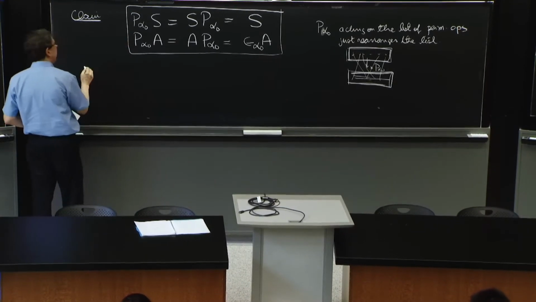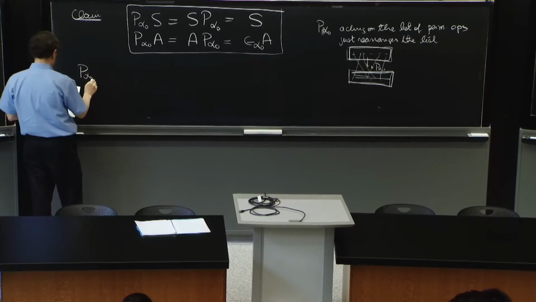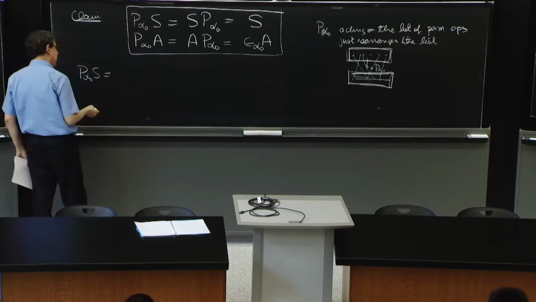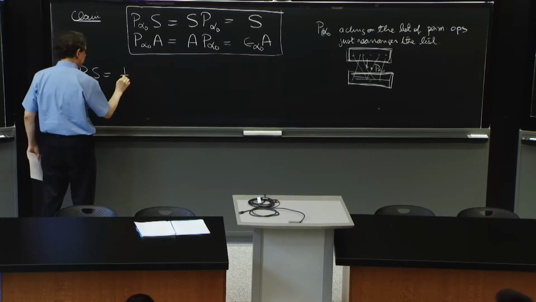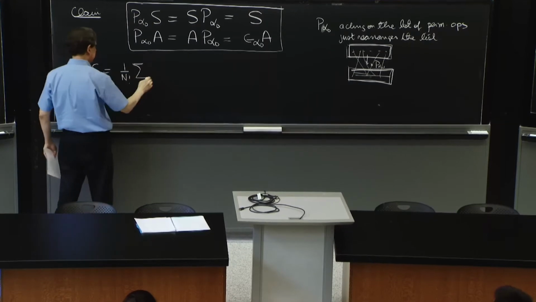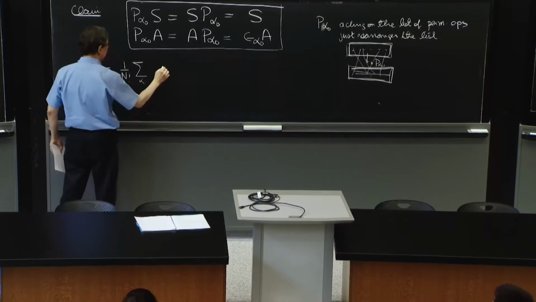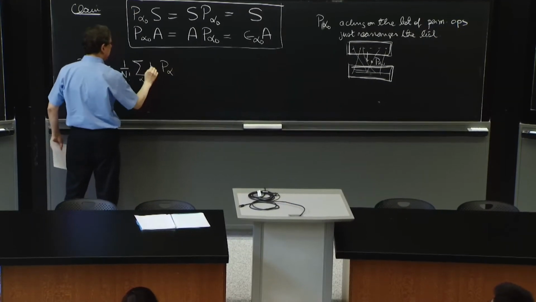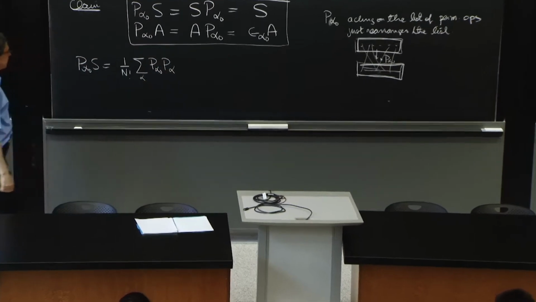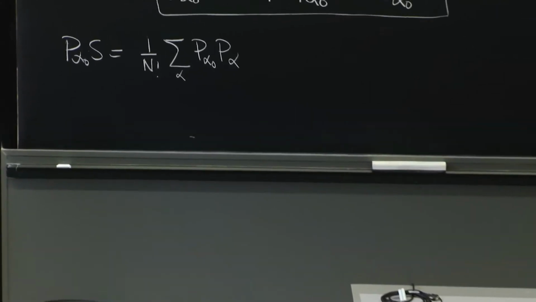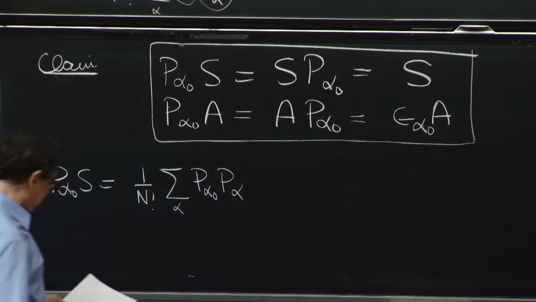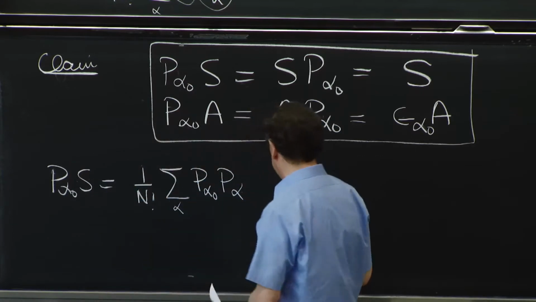So the first one, P alpha 0 on S. All we can do is use the formula for S. So you have 1 over n factorial, the sum of, S is the sum over alpha of P alpha, but now we have P alpha 0. And then we don't really do much at this stage.